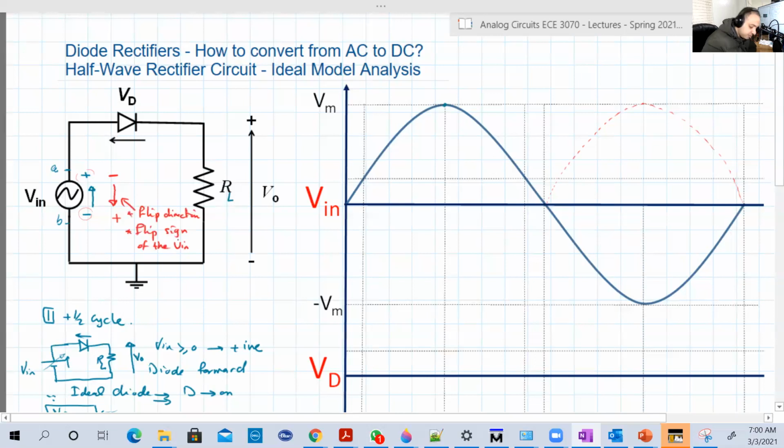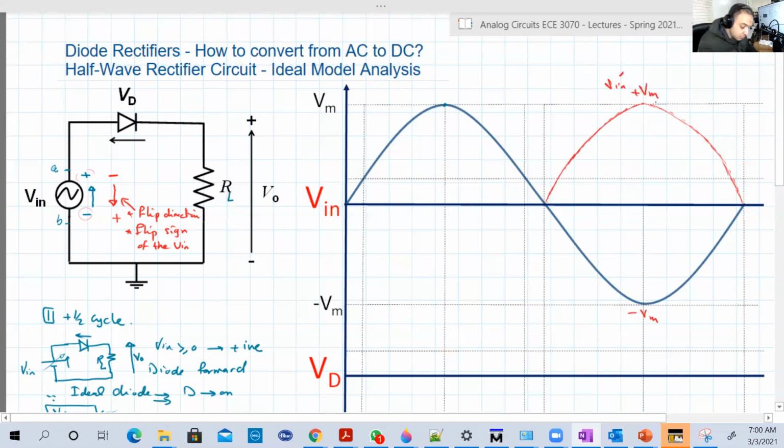Two things. So we're gonna call this V input dash, this one here, which is in red. And at the middle of this half cycle, in the beginning we have minus Vmax, here we have positive Vmax.